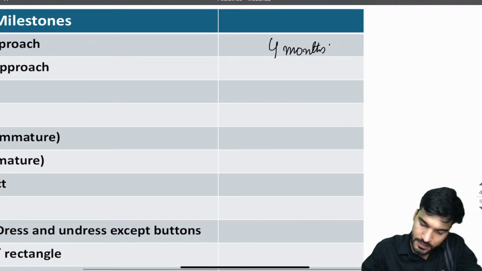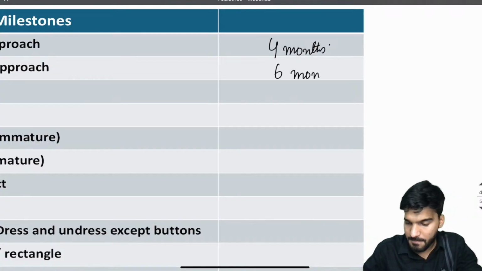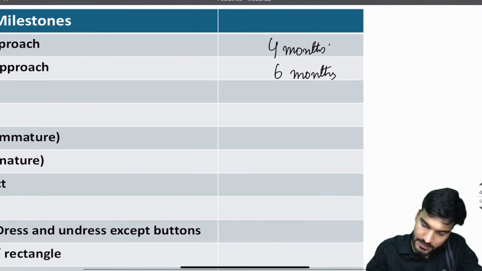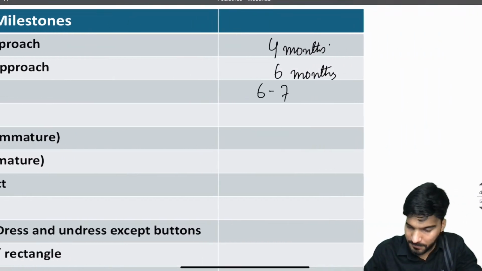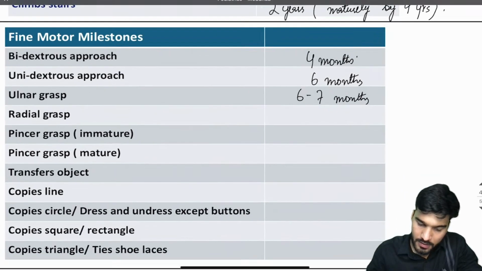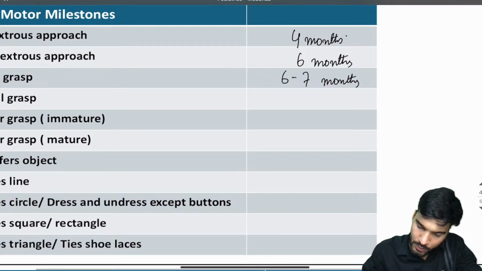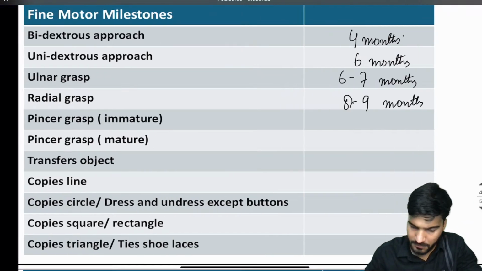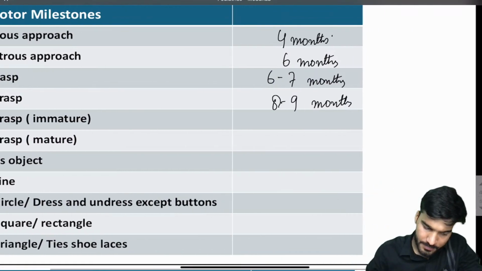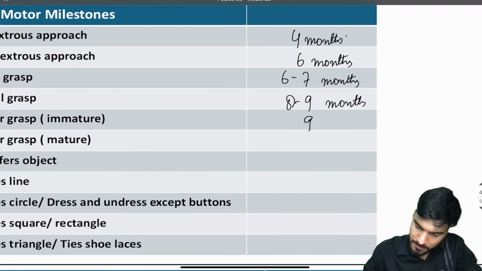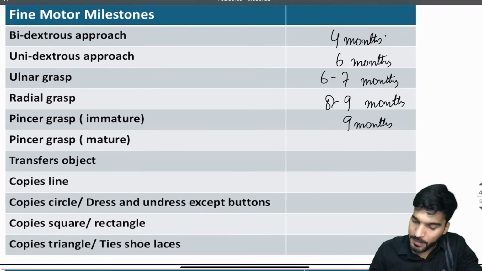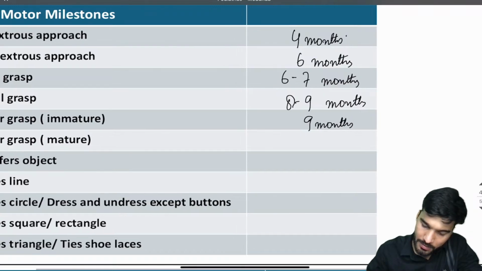Unidextrous approach, 6 months. Ulnar grasp, 6 to 7 months. Radial grasp, 8 to 9 months. Pincer grasp, 9 months immature, but mature is 12 months.